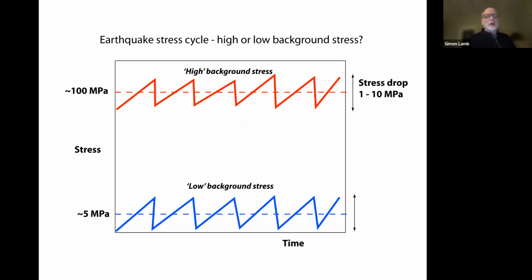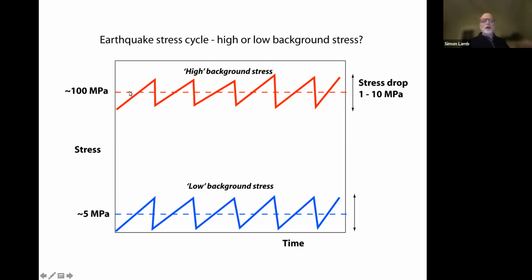So if we go back to the earthquake stress cycle, the question is, we can measure what the change of stress is during the earthquake, but we can't actually tell from the earthquake what the general level of stress is, which is what I call the background stress. So this is really where the problem is: you can't really use earthquakes to work out the general level of stress. So, I mean, it could be high.